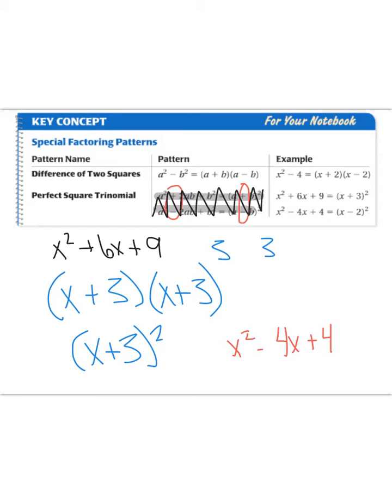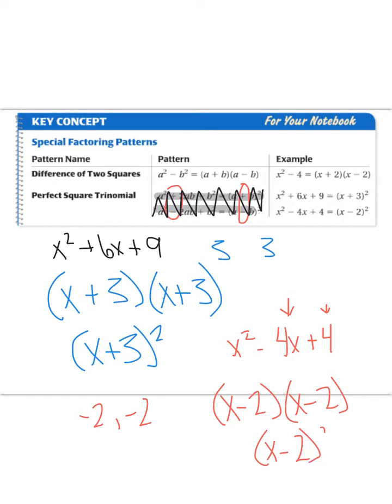And so what two values when multiplied give us 4 and when added give us negative 4? Well, those two values are negative 2 and negative 2. So I'm going to have x minus 2 and x minus 2, which can be written as x minus 2 squared, right? Because I'm taking x minus 2 times itself, so we get x minus 2 squared.